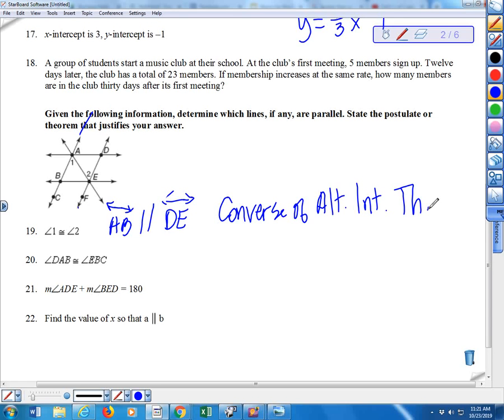All right, how about DAB? Let's look. DAB, so this angle here, and EBC. If those two are equal or congruent, what is the transversal and what are the two parallel lines?